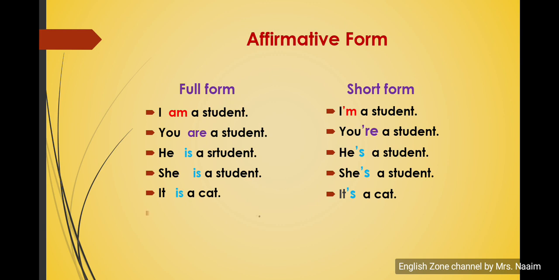Okay. Now we move to the next subject pronoun, which is we بمعنى نحن. So we are students. كما تلاحظون في هذه الجملة فقد حذفنا a student. Okay.